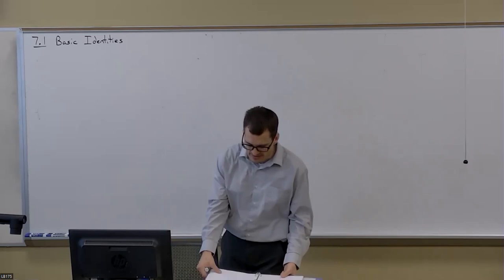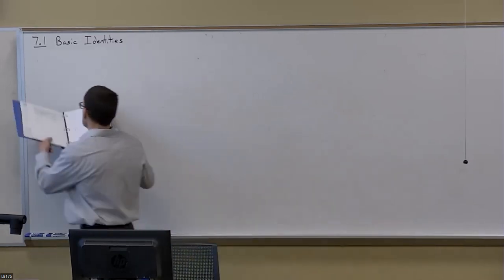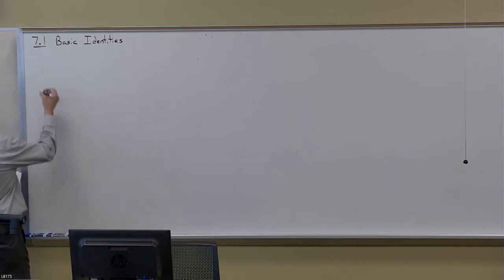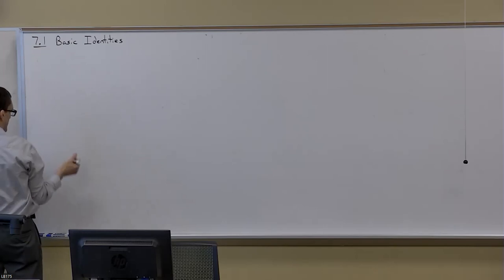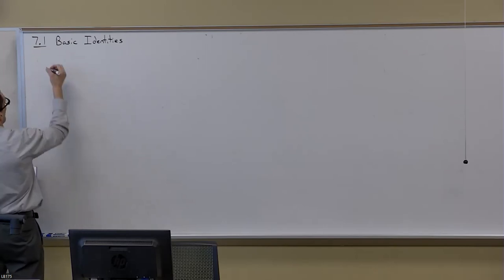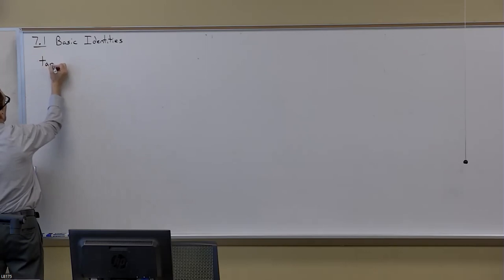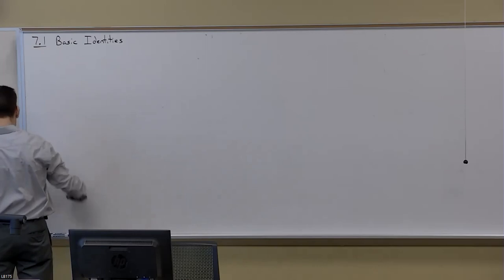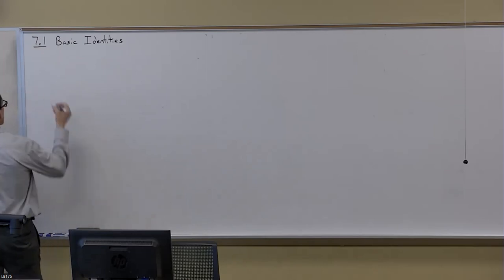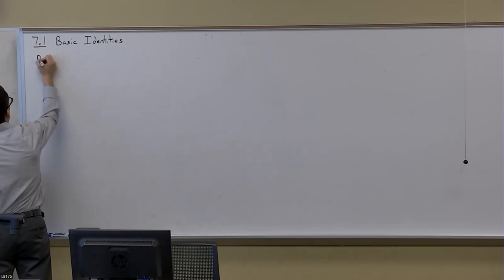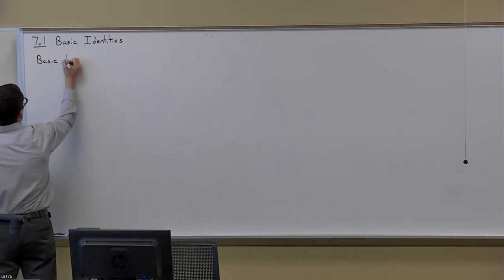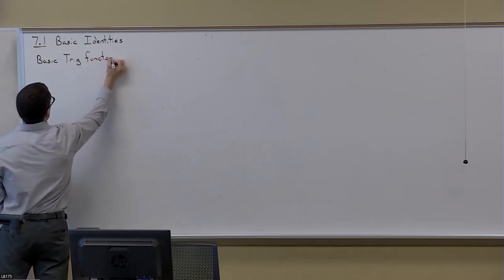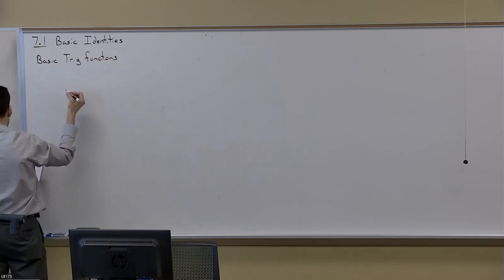So let's start with some identities we've all seen. And this is what chapter 7, section 1 is about. So some basic identities that we all know. We'll call these the basic trig function relationships.